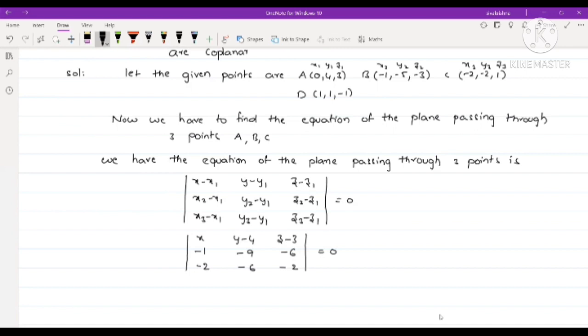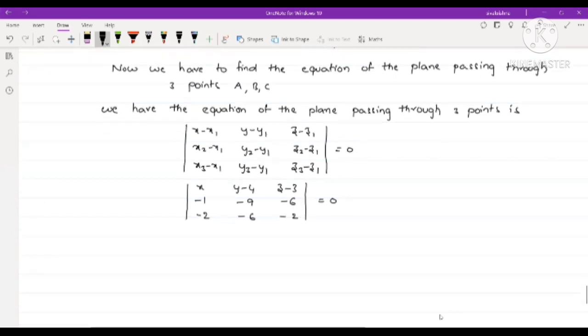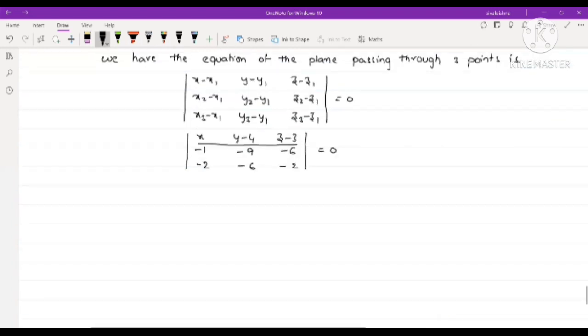Okay. Now we have to expand the 3 by 3 determinant. So once again I am going to expand the determinant along first row. I am underlining the first row, so that the first element is x into, so we have to close the corresponding row and the corresponding column of x, so that we get minus 9, minus 6, minus 6, and minus 2. Coming to the second element, we have to write minus sign.